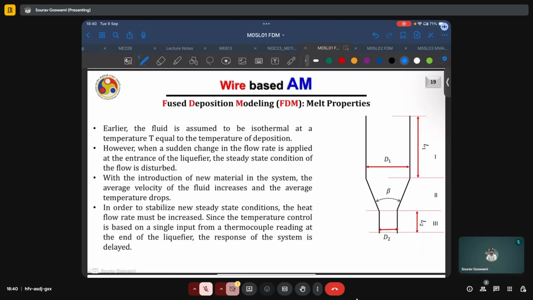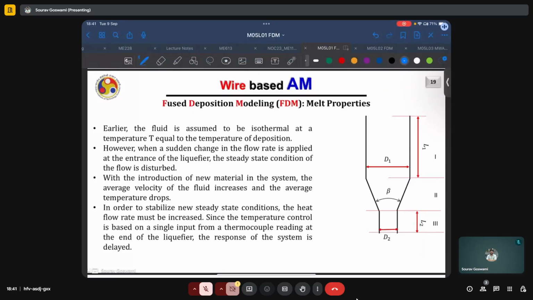But what can lead to such perturbations in the flow rate? It can be because of, say, uneven tension in the filament coil, or uneven winding of the coil, or some lag of control, or uneven friction in the rollers.